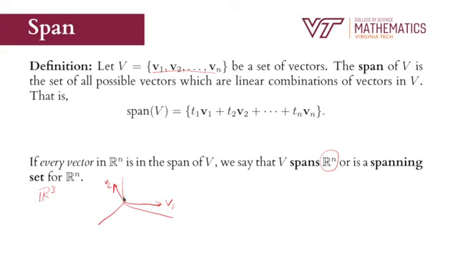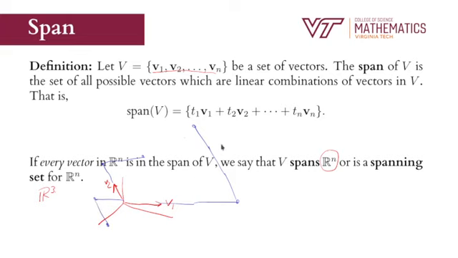And I can build linear combinations of these vectors. For example, I can take 2 times v2. I can take 2 times v2 plus v1. I could take 3 times v1 plus 4 times v2. And I could take negative v1, and negative v1 minus v2.